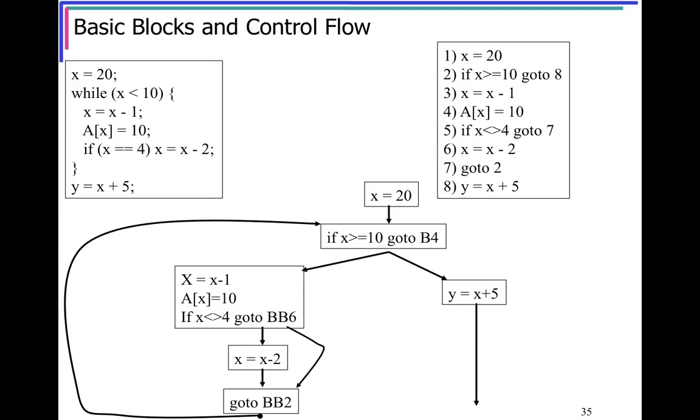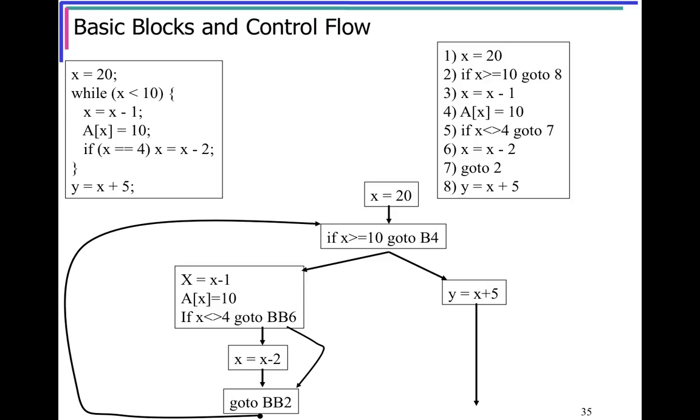So for example, in the code on the left, if we translate the while loop into gotos to have more fine-grained control over our instructions, we get the code on the right. We can now break up this code so that each basic block has one way in and one way out. And we can link those basic blocks such that they're all connected based on how the program can possibly execute.